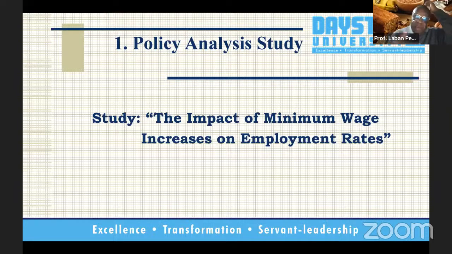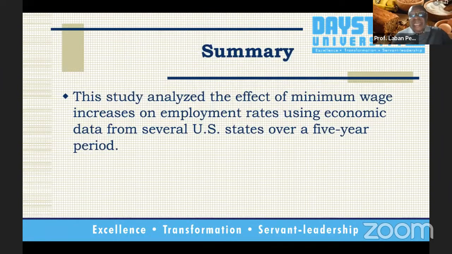Now, the article I read, the study analyzed the effect of minimum wage increases on employment rates using economic data from several US states over a period of 5 years. What are we doing? We want to know the effect of minimum wage increases on employment rates. So we want evidence.